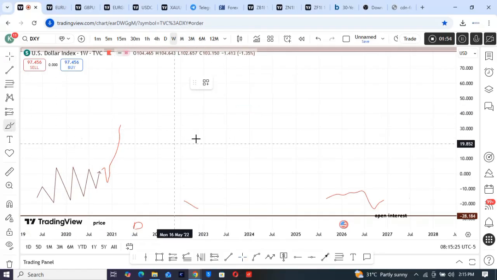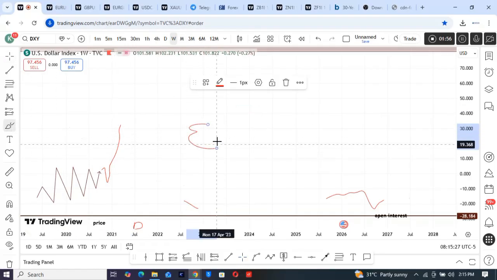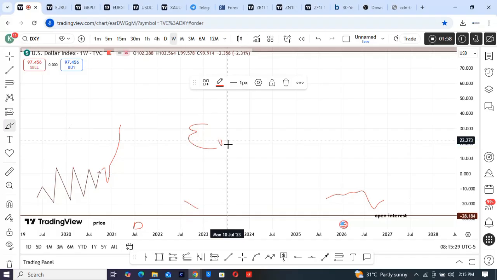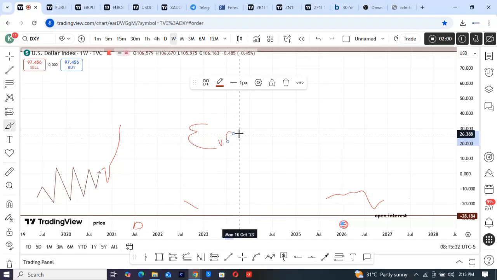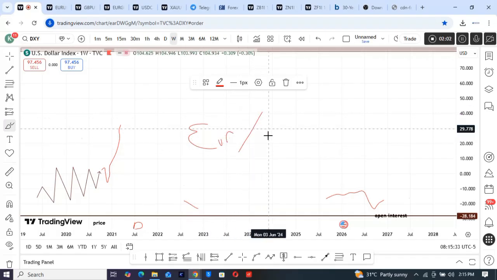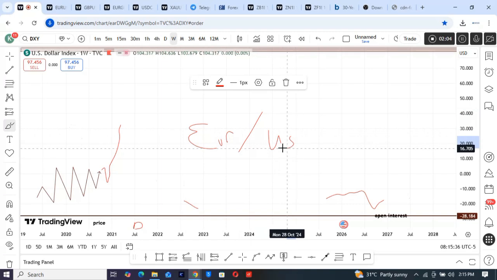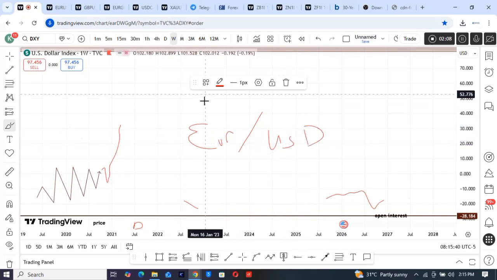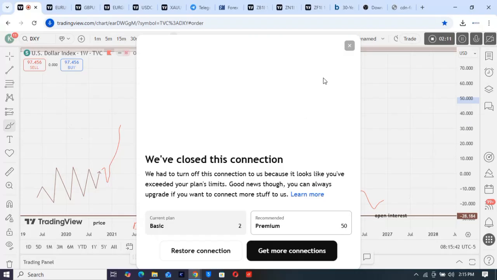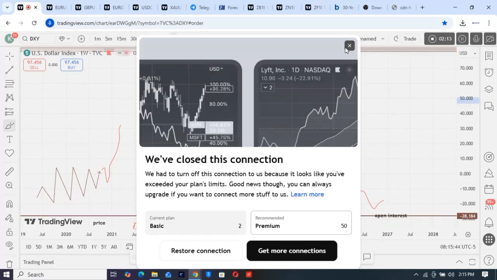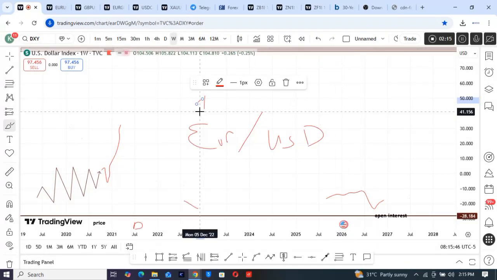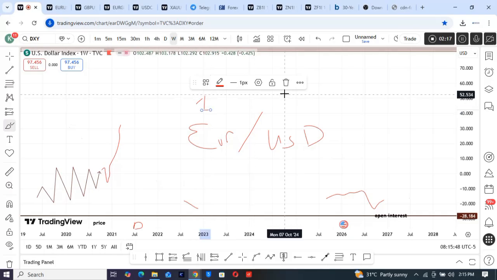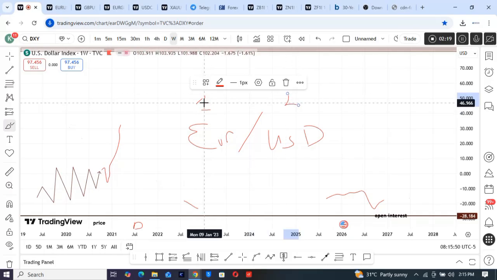EURUSD, slash the euro. The first pair here, the first side, that is one.